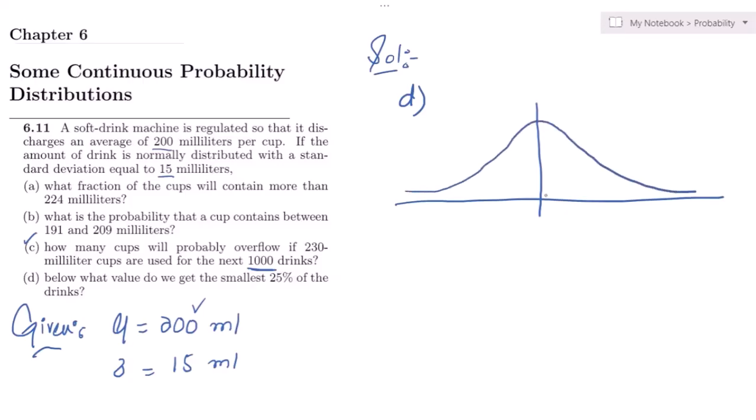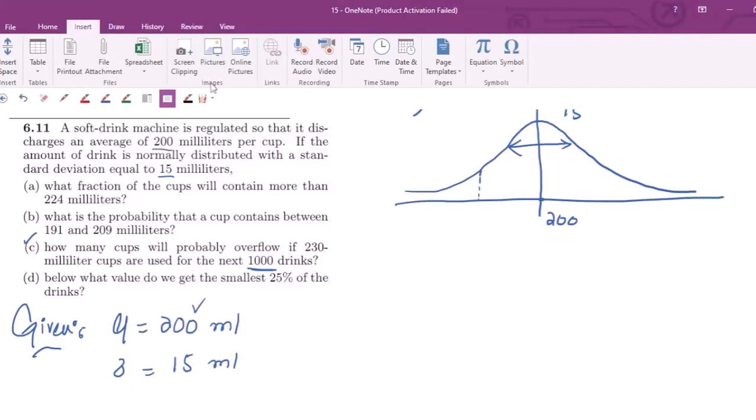This is the distribution we have, and the mean value of it is 200, and the standard deviation it has is 15 milliliters. Now we want to find below what value we get the smallest 25% of the drinks.